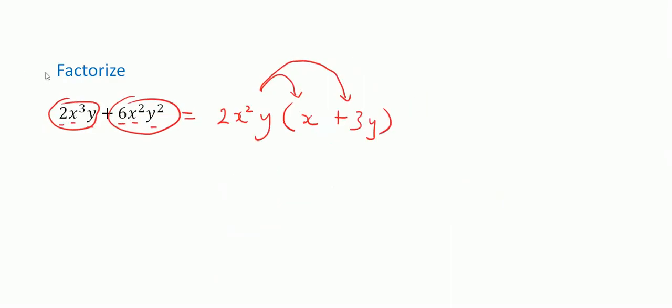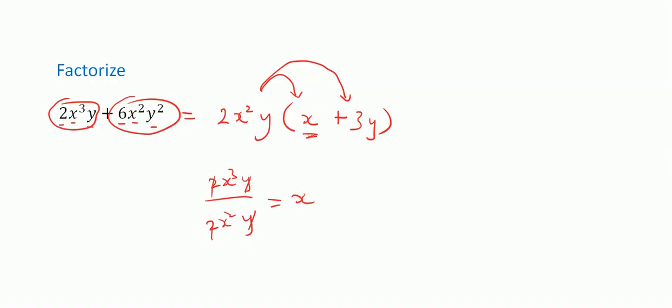If we go back to the previous one, we can see that we would have had to take 2x cubed y and divide this by 2x squared y. The 2's will cancel, the y's will cancel, and x squared into x cubed is x.